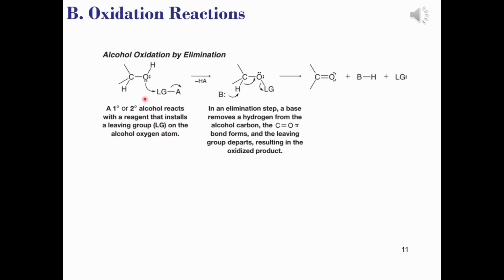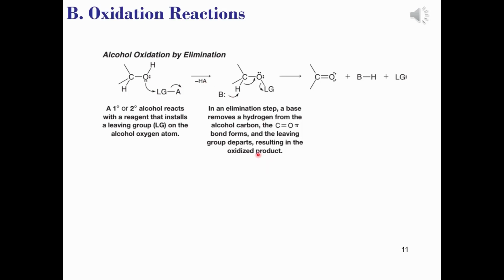Alcohol oxidation usually occurs via an elimination reaction. Oxygen is able to use its lone pair to react with some oxidizing reagent that installs a leaving group on the alcohol's oxygen atom. The alcohol hydrogen and the A of that particular oxidant leaves. What's actually important though is the next step.